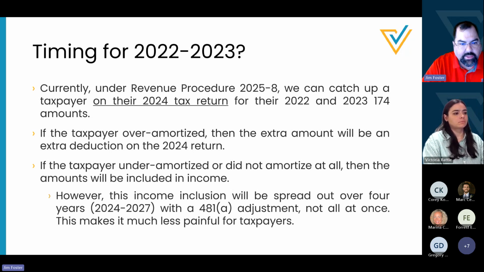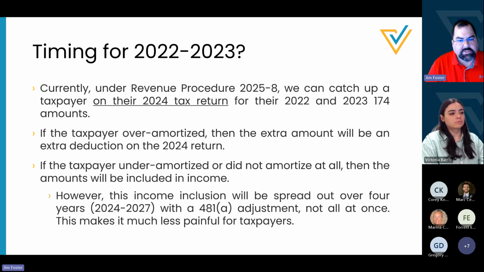Well, when we went through and did the analysis, we determined that they were a service provider for most of their contracts and did not have the necessary prongs to trigger 174. And we ended up determining that in 23, they only were supposed to put down like $150,000. Well, all that extra amount went on to the next year's return and was able to be deducted.